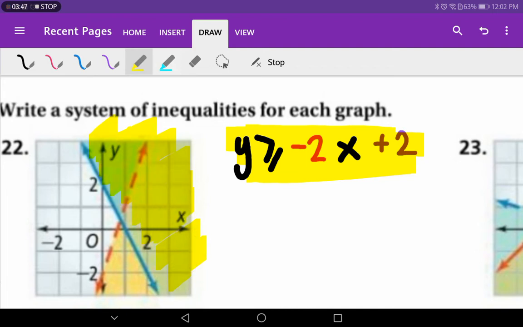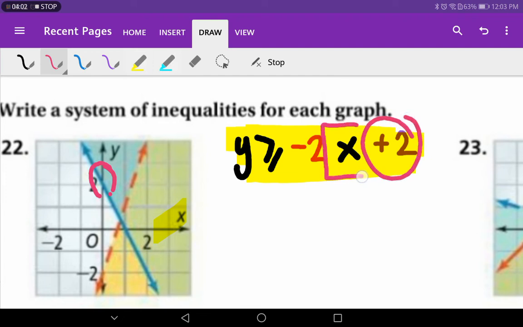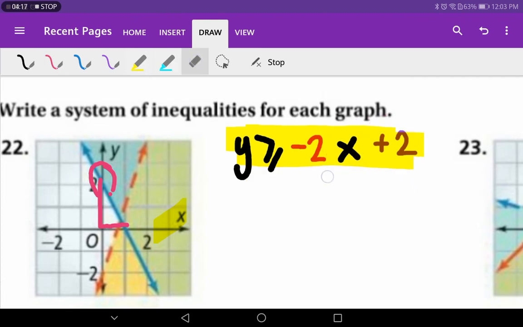The inequality sign is solid, not dashes, solid. And the y-intercept gives me this number, and the x exists each time. Don't think about it, and the -2 comes from 2 down and 1 to the right. Okay, so this is the first inequality.